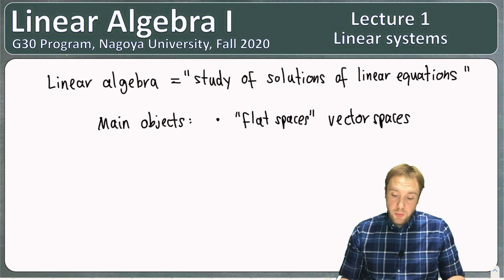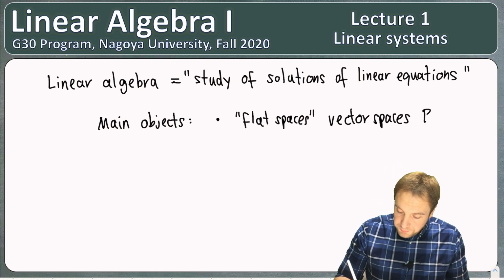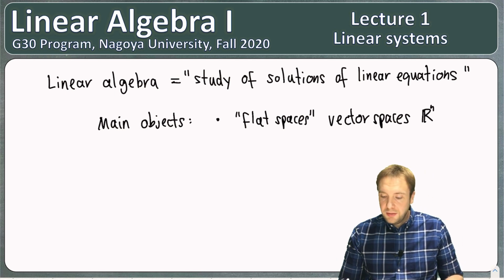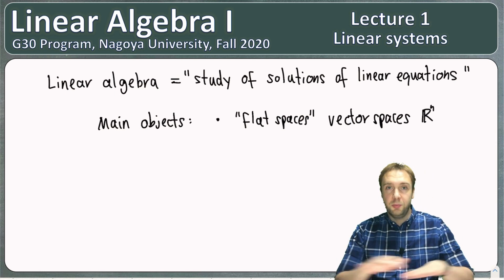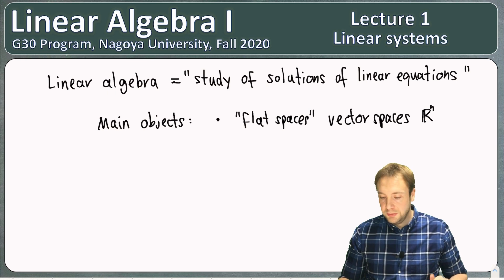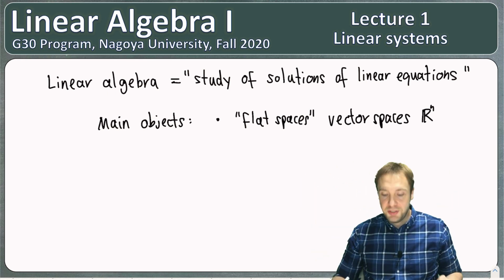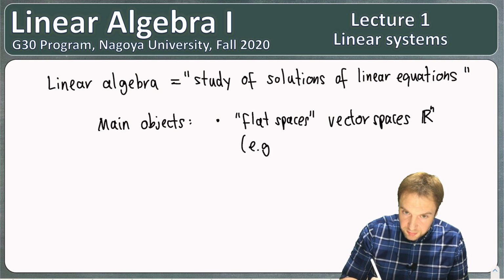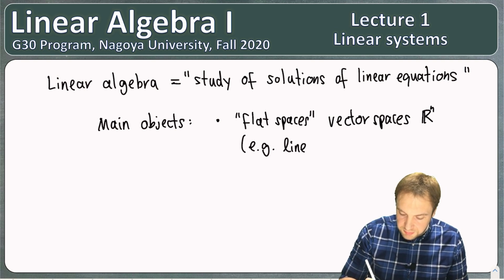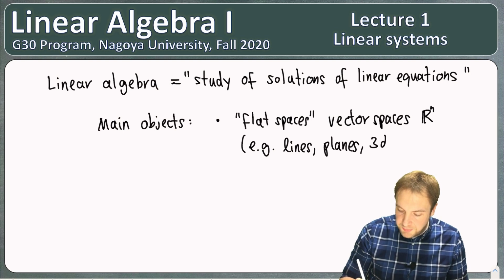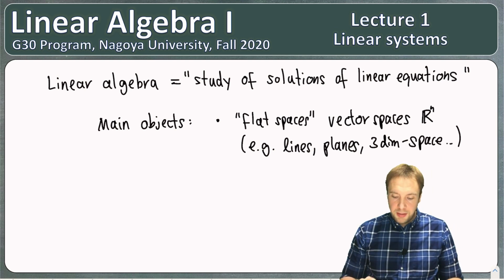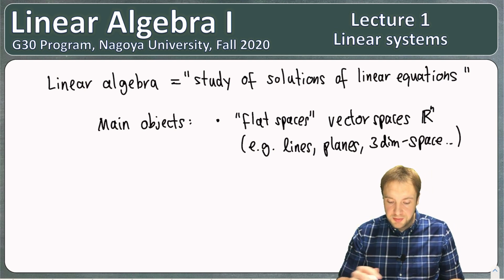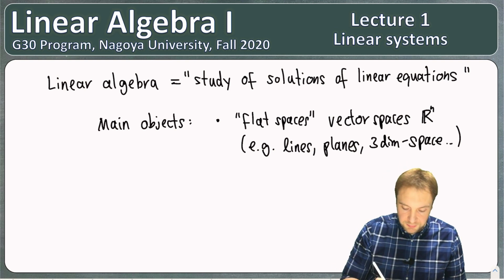In Linear Algebra 1, we will mainly deal with Rn, which means that, for example, we are considering the plane or a line or the three-dimensional space. So, for example, lines, planes, a three-dimensional space, and so on.